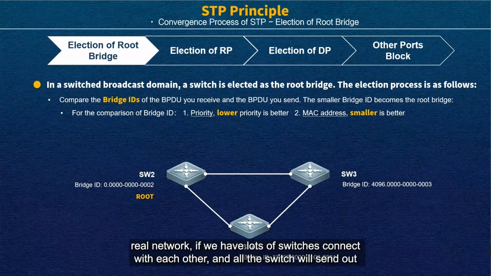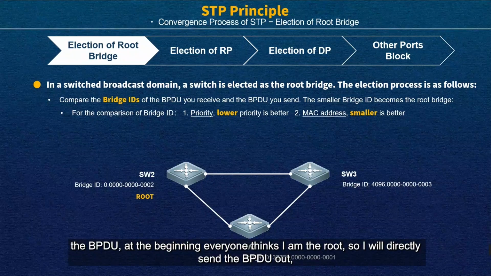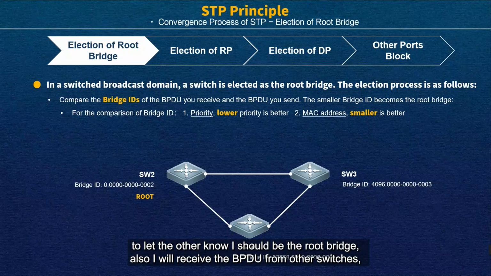But in a real network, if we have lots of switches connected with each other, all the switches send out BPDUs. At the beginning, everyone thinks, I am the root. So I directly send the BPDU out to let the others know I should be the root bridge.